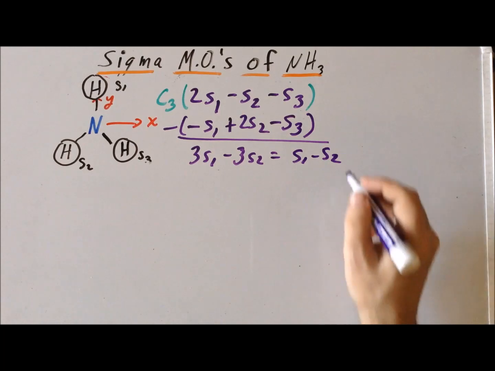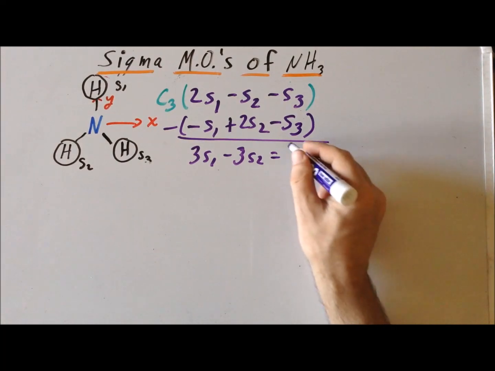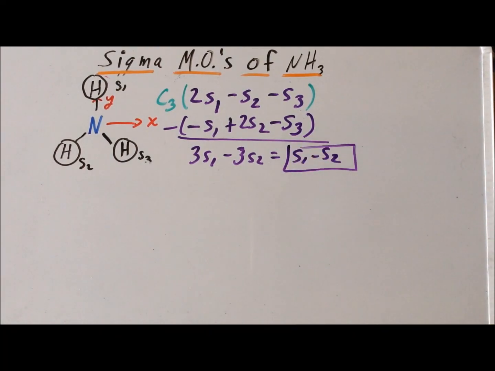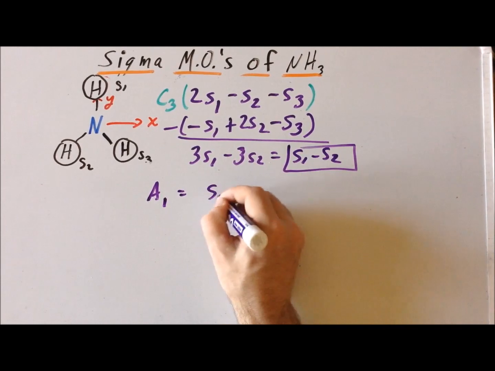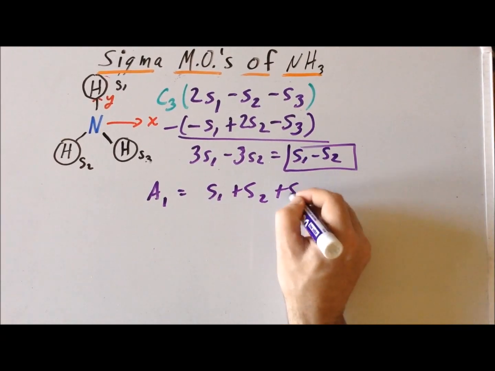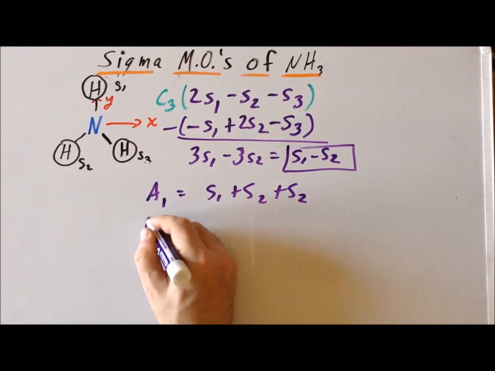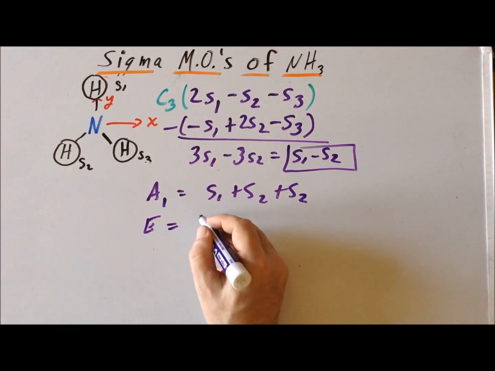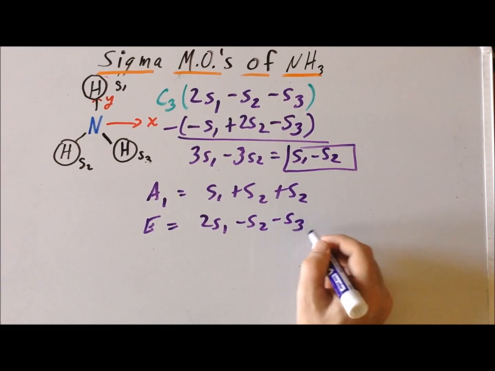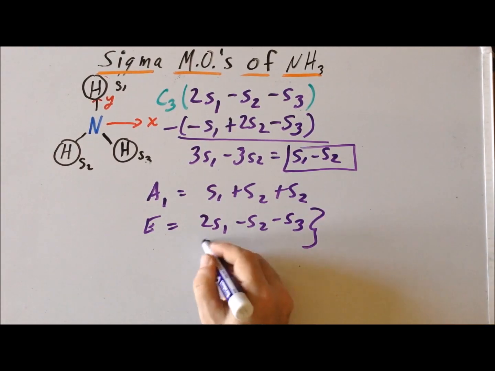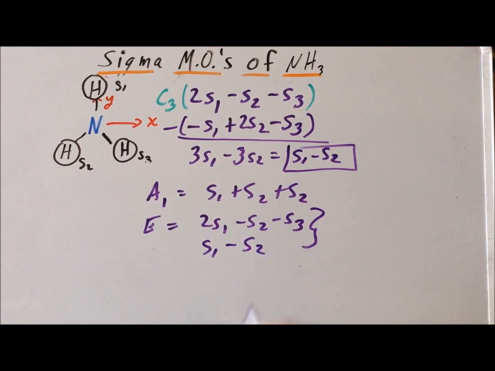So that is the other member of the E doubly degenerate representation. So, in summary, by expression, A1 is S1 plus S2 plus S3. For E, we have two expressions: 2S1 minus S2 minus S3, and S1 minus S2.